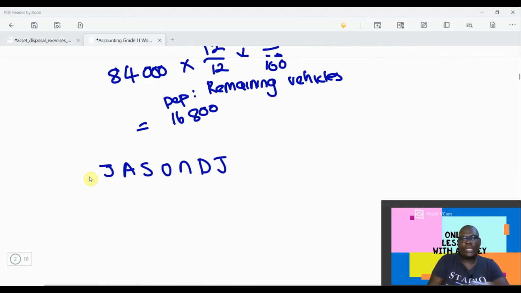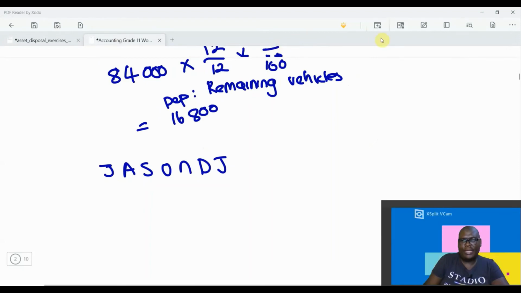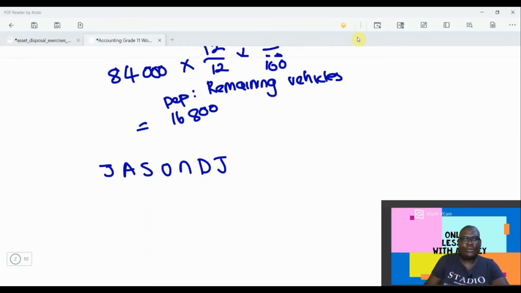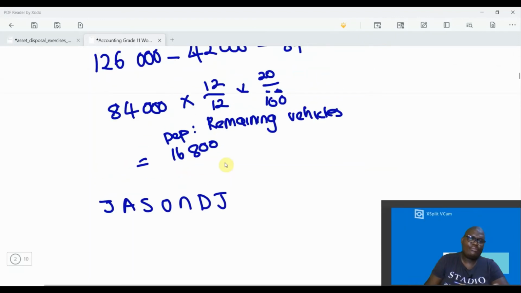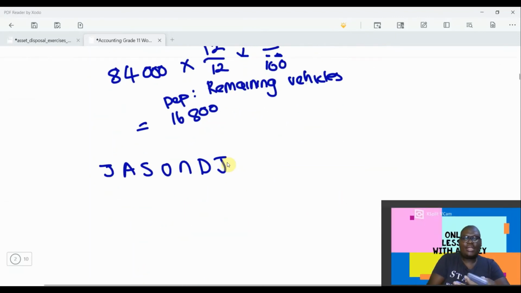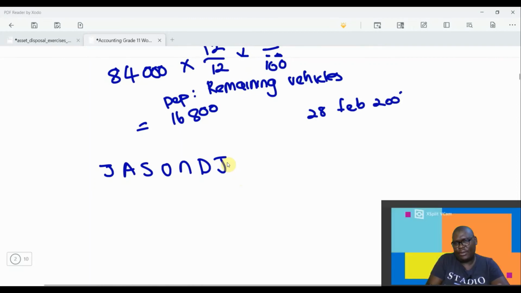Now we need to be smart and change the pen, because we're now going to start calculating the depreciation for that one. Remember, it was bought on 28 February 2001.